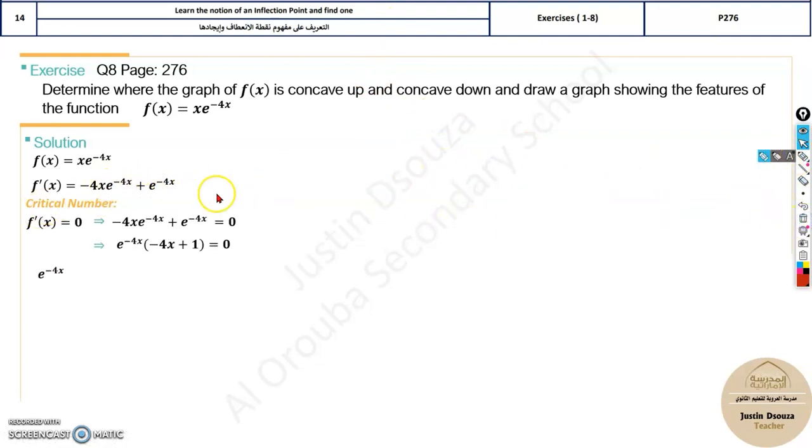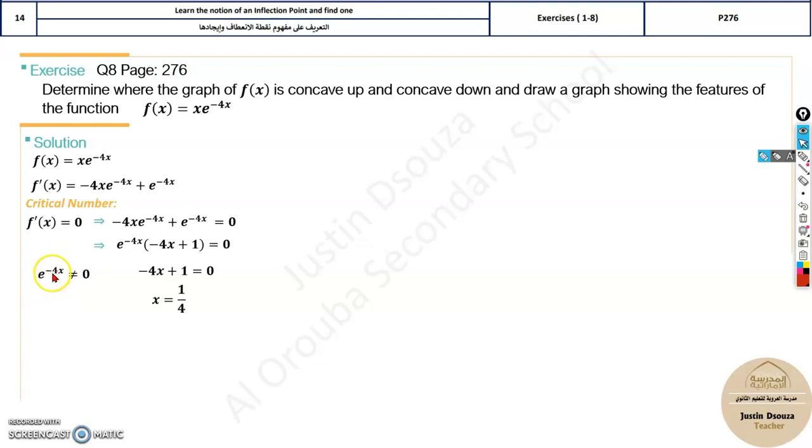Now critical numbers, just equate it to 0. But before equating, you remove the common term out. e to the power minus 4x is removed out. And this is equal to 0 and this is equal to 0. Now equate and you'll get the answer. Now why is this not equal to 0? Look, this is undefined over here. Even undefined points are fine, they're critical points itself.